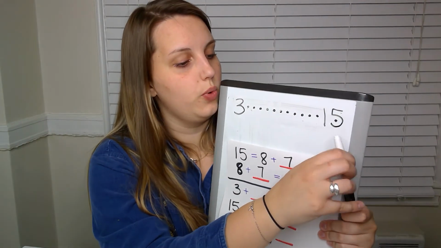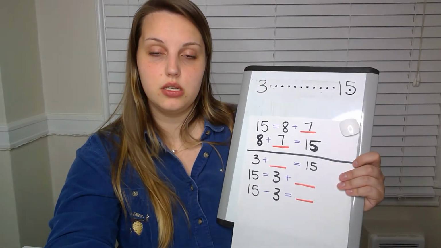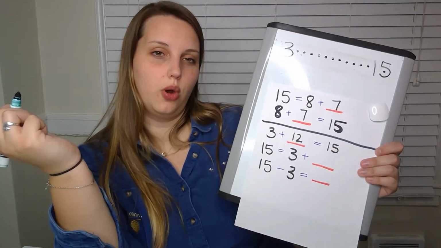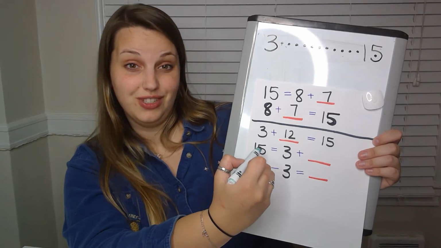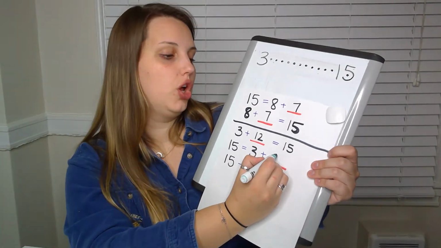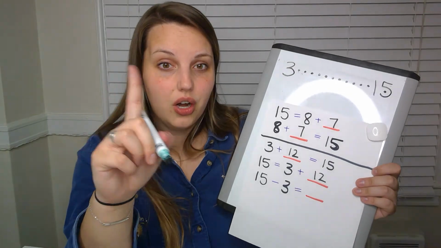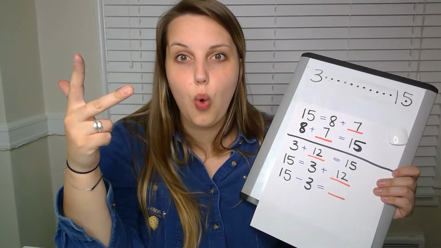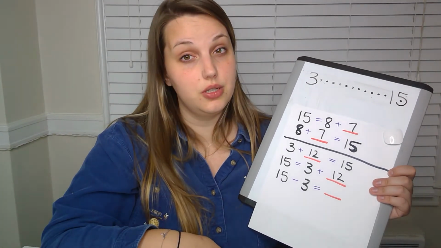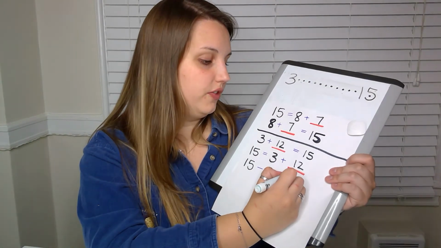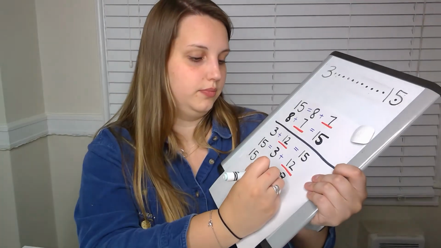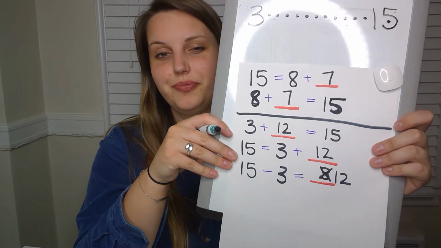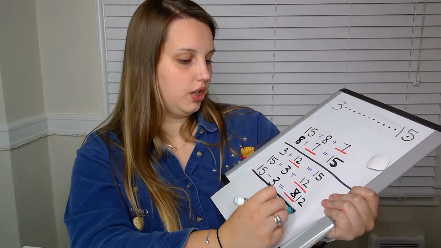So 3 and how many more make 15? 12, you got it. 3 and 12 more make 15, or 15 equals 3 and 12 more, or 15 minus 3, we can go 15, 14, 13, 12. Interesting. Our difference is 12.